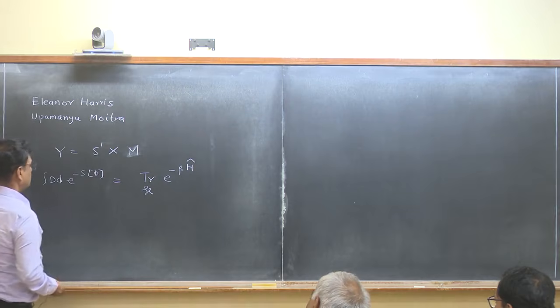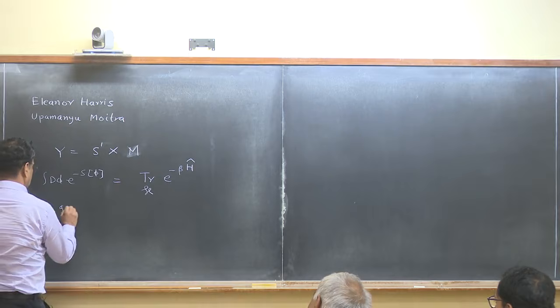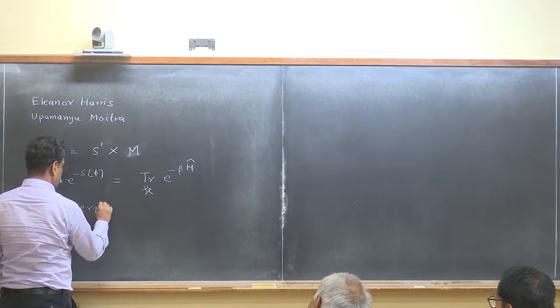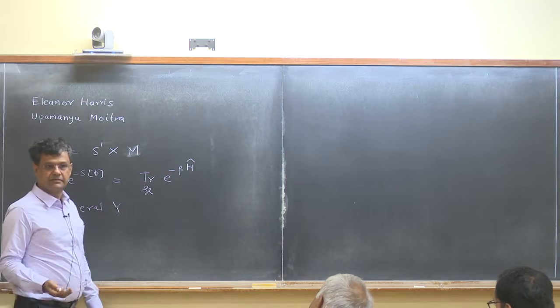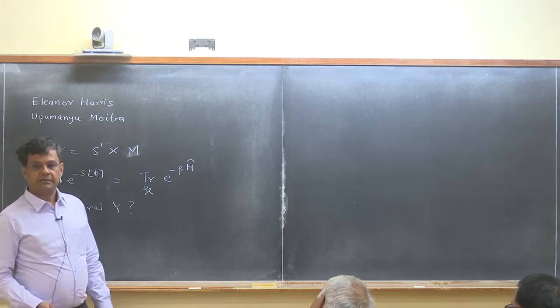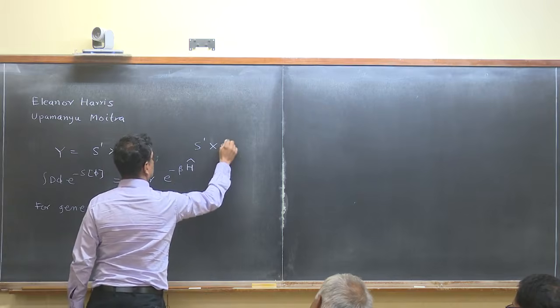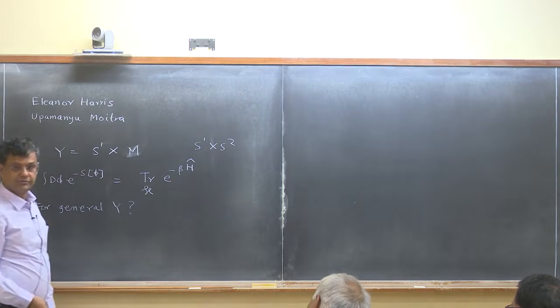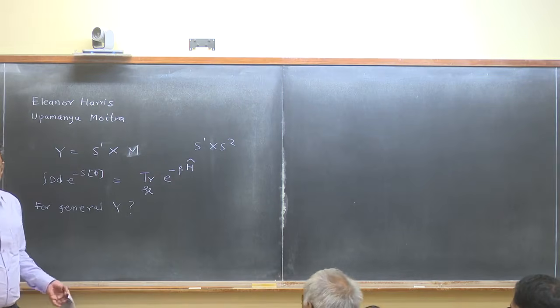Now, if you take a general manifold, there is no such thermal interpretation, right? So, for example, if this was S1 cross S2, all this procedure will go through, but suppose we consider S3, then you cannot do this.